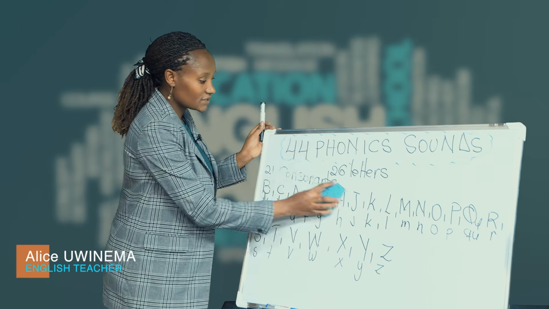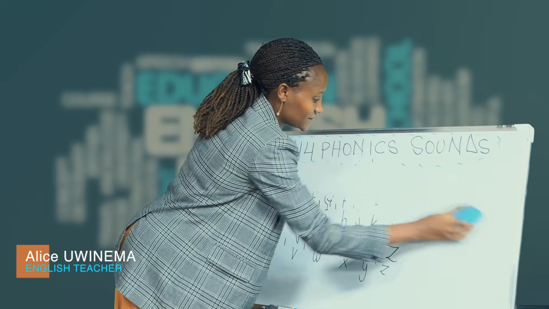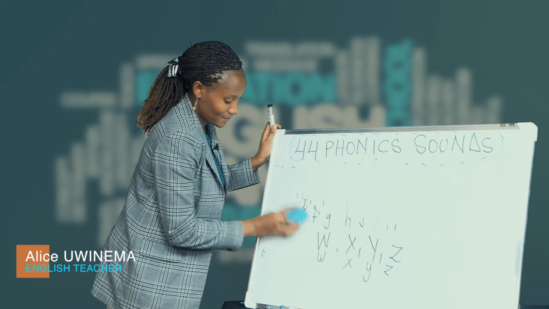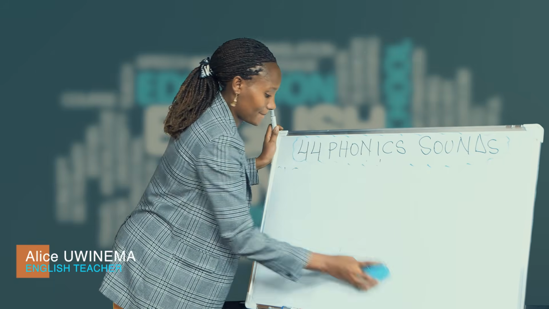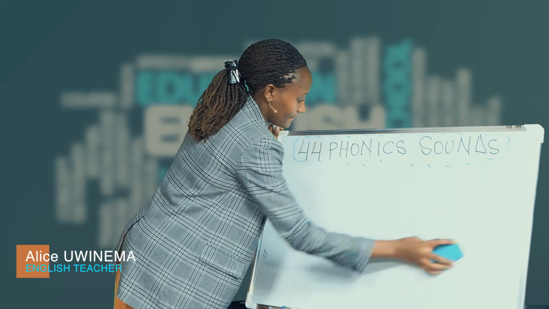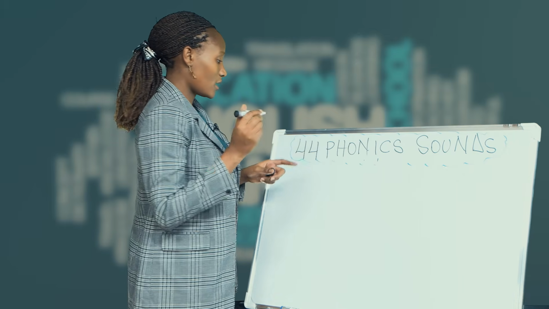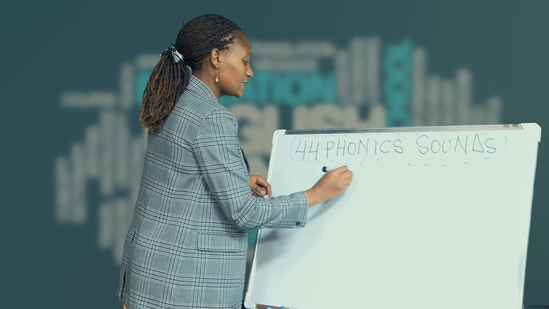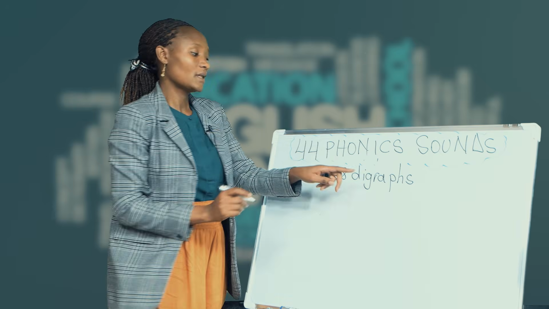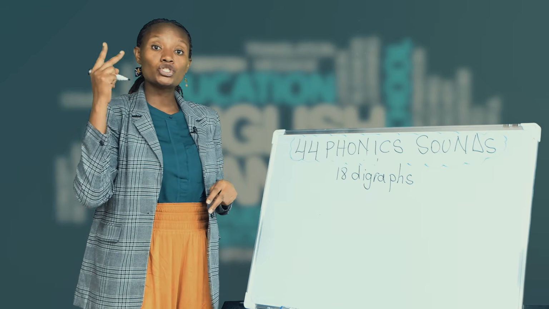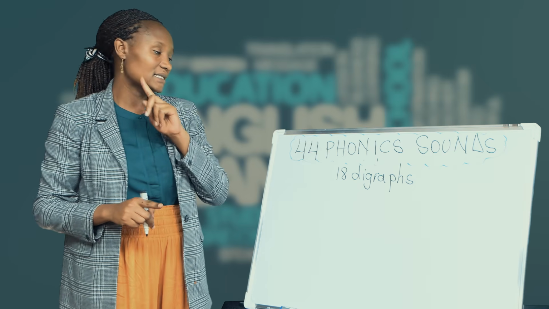Moving on to the third group of the sounds, we have the digraphs. The third main group of sounds is the 18 digraphs. Digraph simply means 2 letters, 1 sound. 2 letters make 1 sound.